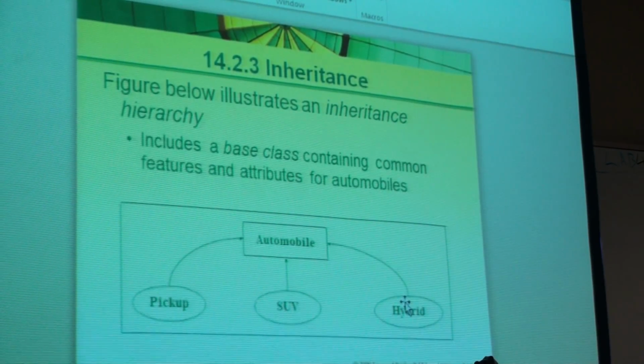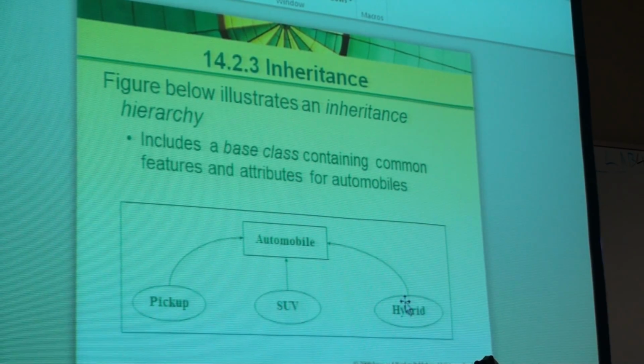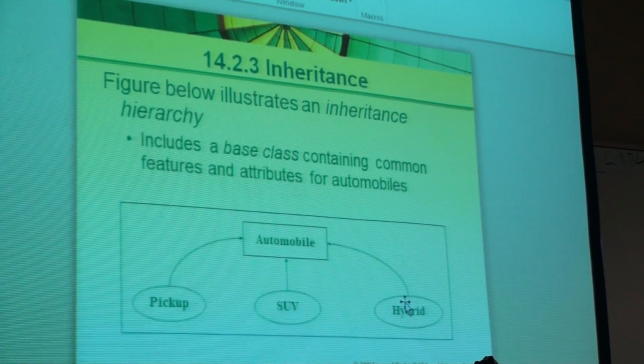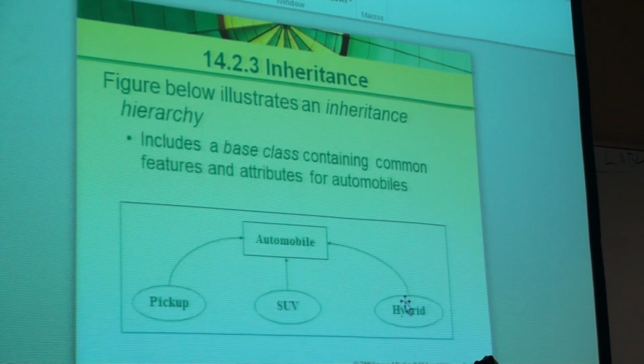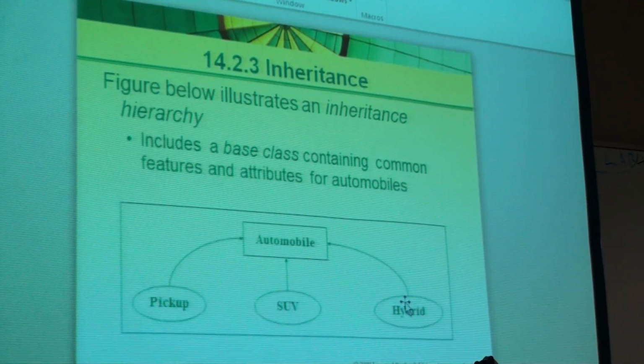Pickups have engines, they have wheels, they move, they transport. So do automobiles. So what's the difference? One's more specialized. Pickup maybe is heavier, has a bed to it, has more weight that it's able to handle, a bigger engine or bigger, better gearbox or some such thing as that.